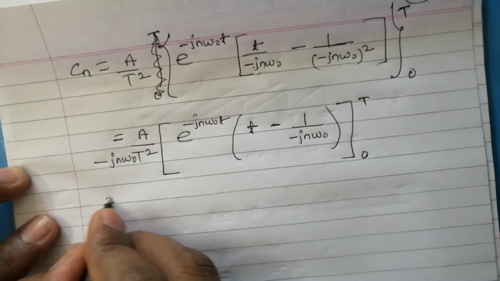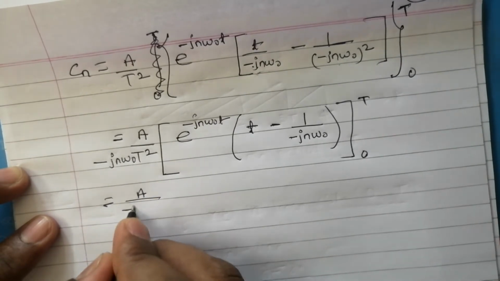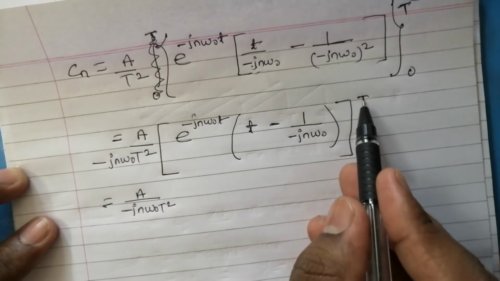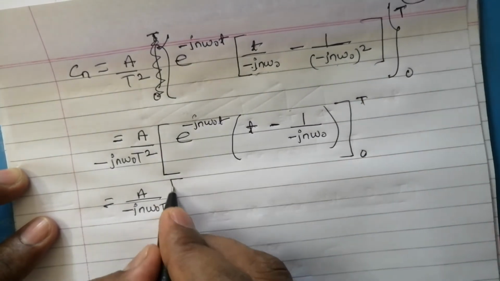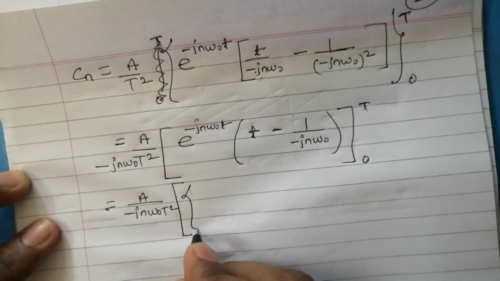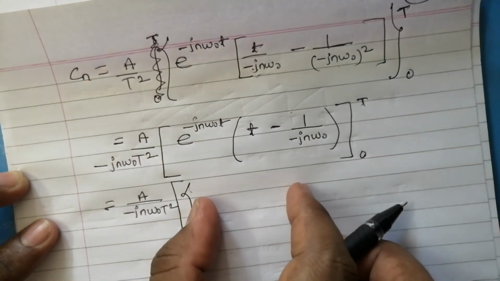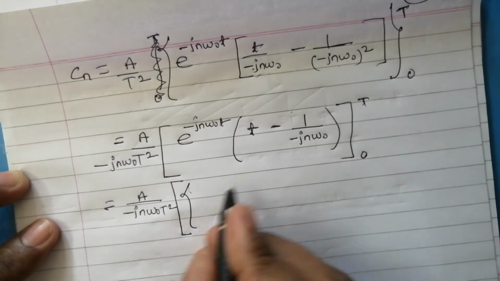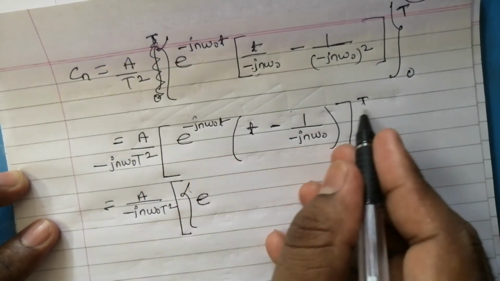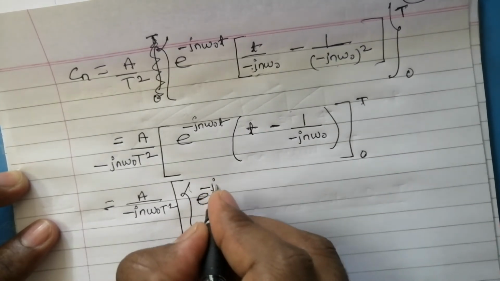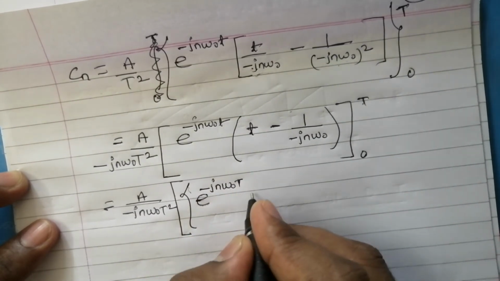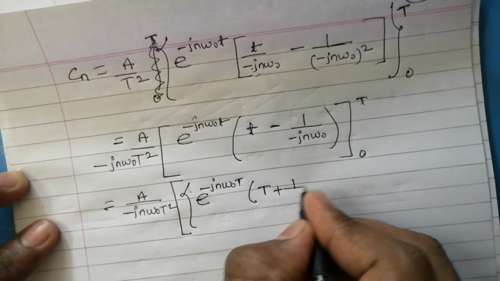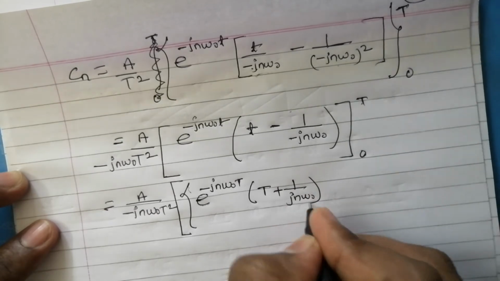So next, A upon minus jn omega naught T square, then we will place the upper limit and the lower limit. So take the square bracket, then the curly bracket, because we will place first the upper limit, then minus the lower limit's part. Wherever t is there we will place this capital T. So e raised to power minus jn omega naught T, minus this minus plus, so T plus 1 upon jn omega naught.